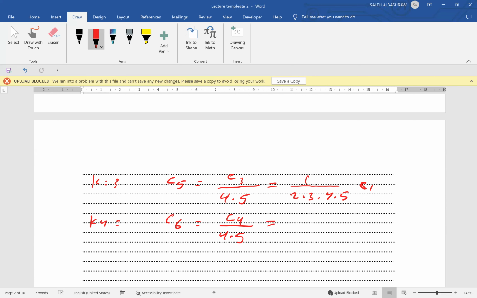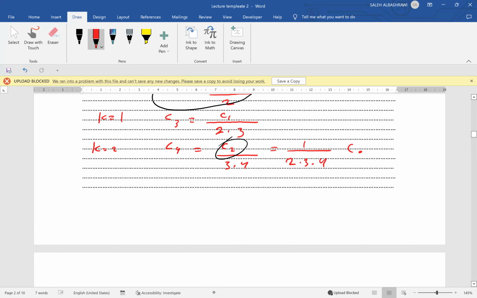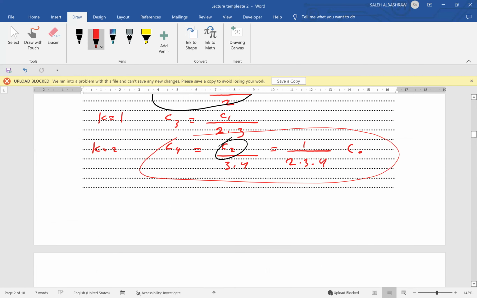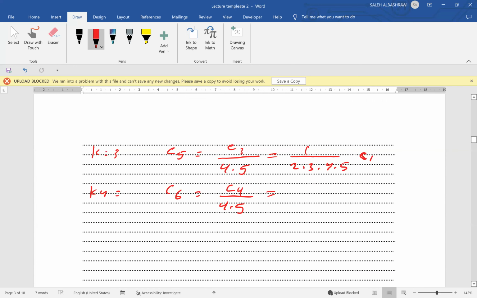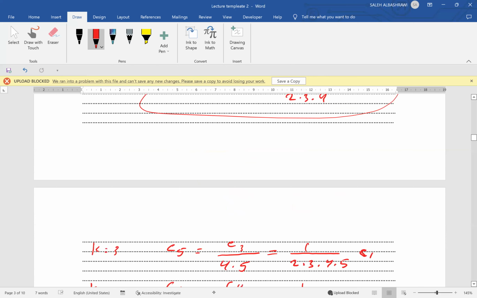But we know C4, we go back to see it, this is 1 over 2 times 3 times 4, multiplied by 5 by 6, C0.